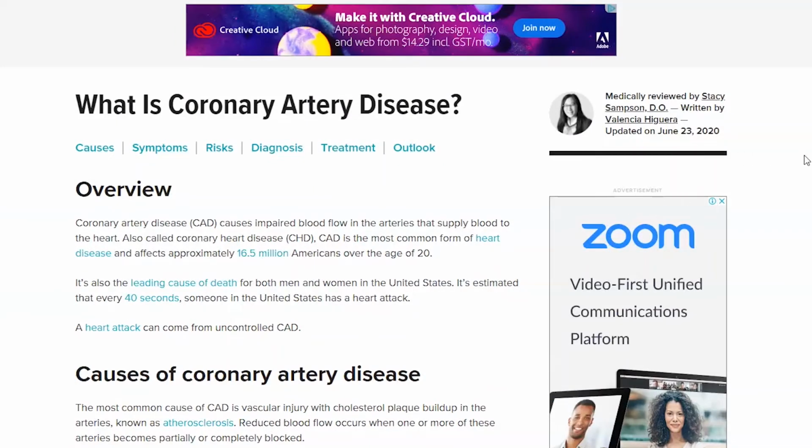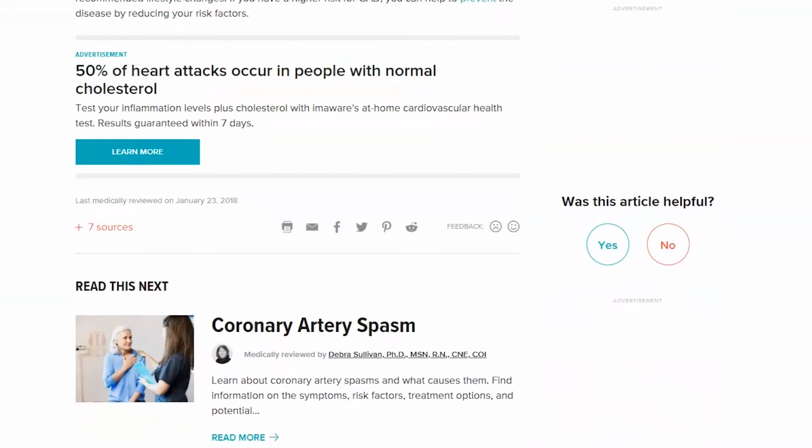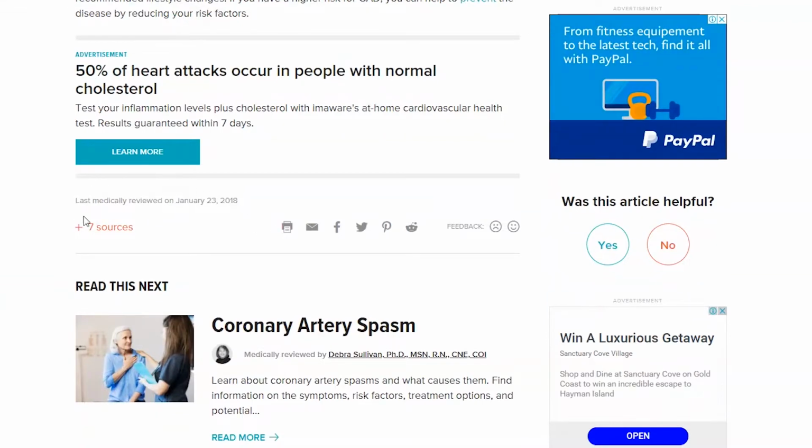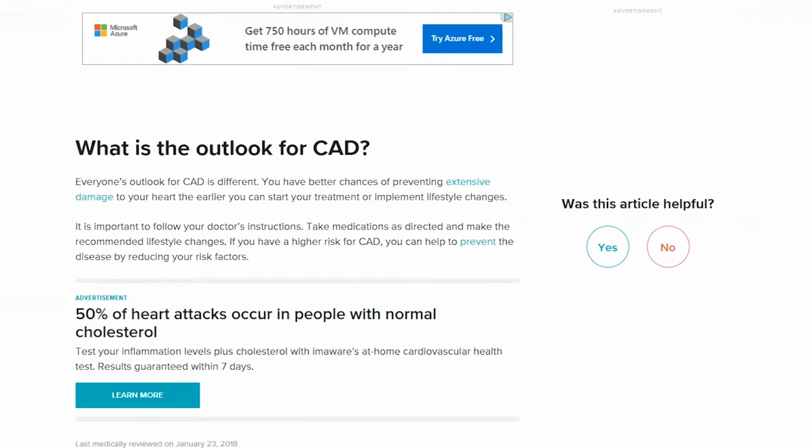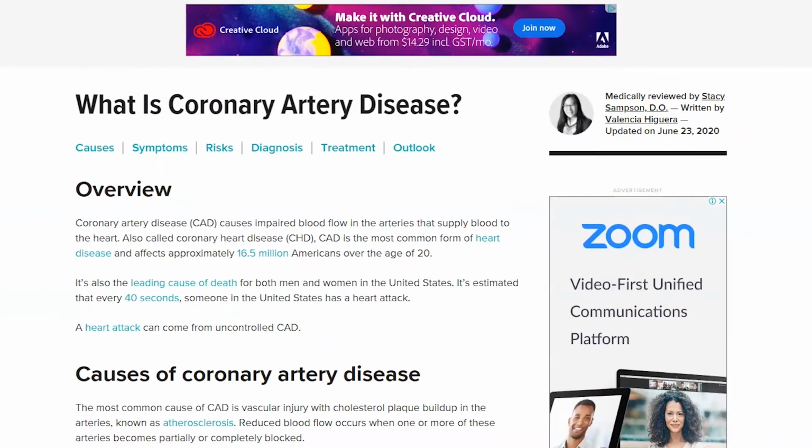The Healthline page actually gives 2 different dates of last review, 23rd June 2020 at the top and 23rd January 2018 at the bottom. We can probably assume that the more recent date at the top is accurate.